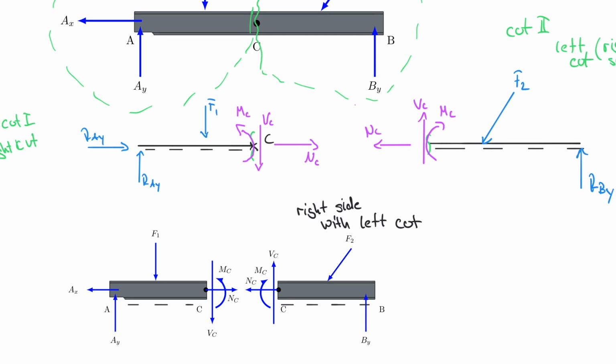And here on the other side, we're talking about the left side with a right cut. So I say it one last time, we cut the system right here and right here. And of course, there's a left side and a right side to it.